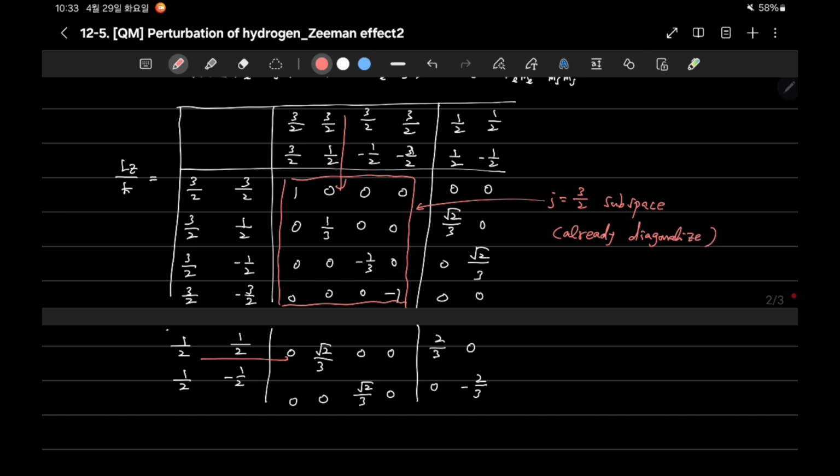And also the 1/2 basis is this one. It is the J equal to 1/2 subspace. The other terms of the diagonal are not physical in these 2p states. And also here we are interested in the J equal to 3/2 subspace and the J equal to 1/2 subspace.